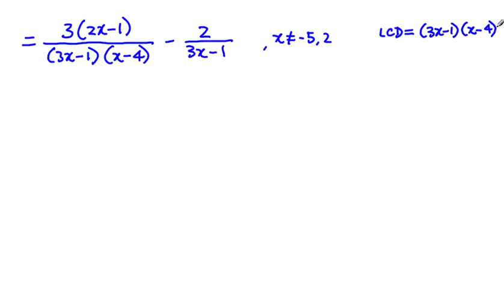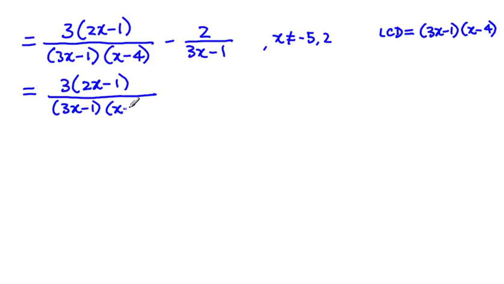Now notice that the first fraction already has the LCD, so we don't need to do anything to the first one. We just leave it untouched. But the second fraction, we want to turn the denominator into the LCD. So how can we do that?